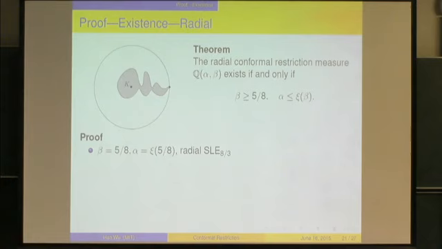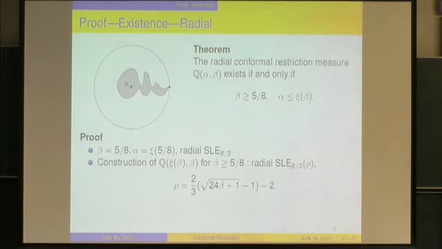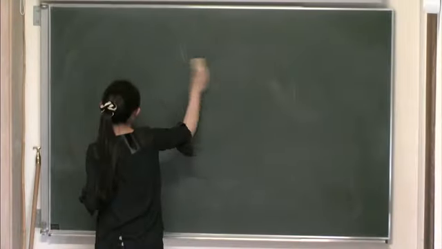First of all, by the calculation for radial SLE 8/3, radial SLE 8/3 corresponds exactly to the radial conformal restriction set when beta equals 5/8 and alpha attains its maximum. And next, we construct the case with beta strictly greater than 5/8 and alpha equal to the maximum possible value. The construction is very similar to the chordal case.